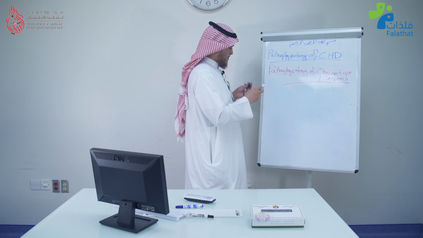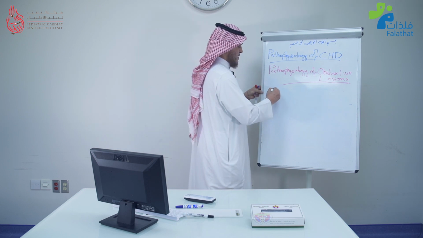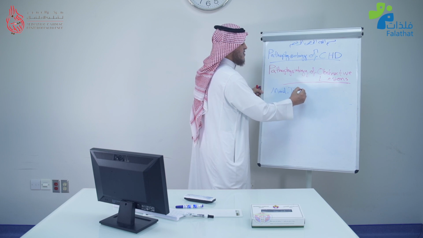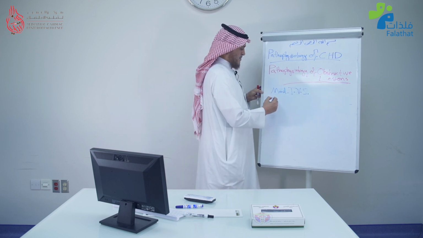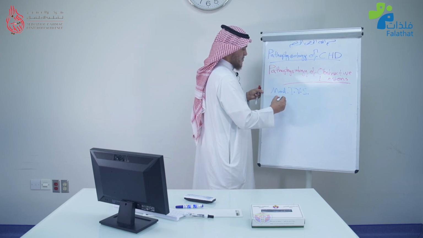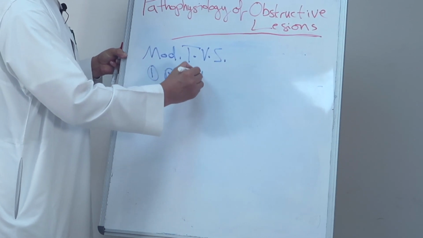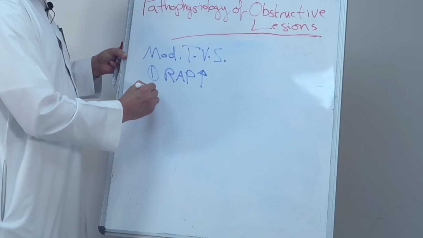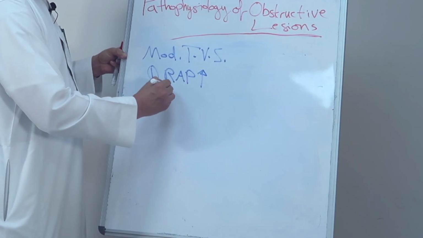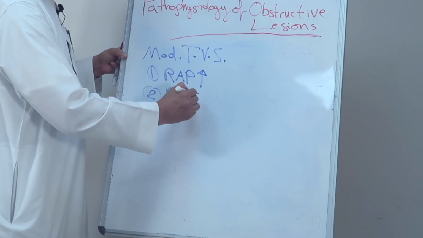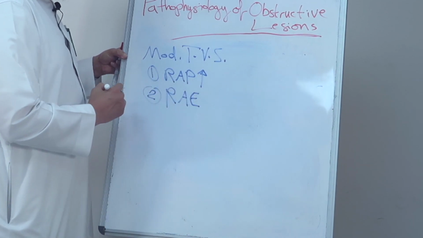If I have moderate tricuspid valve stenosis, number one, the right atrial pressure will increase. Number two, there will be right atrial enlargement or dilatation.